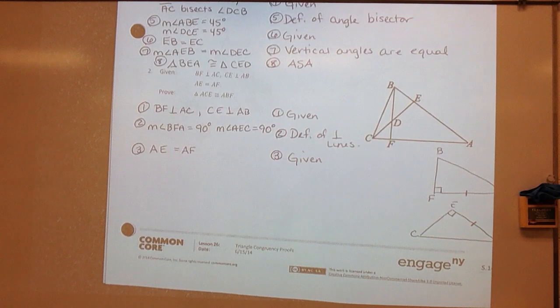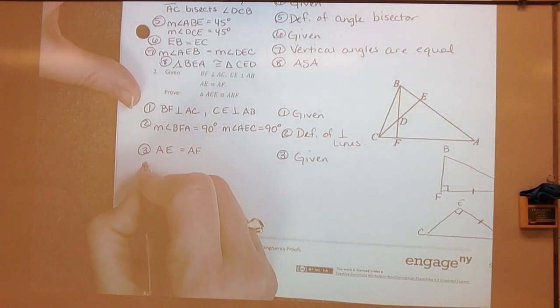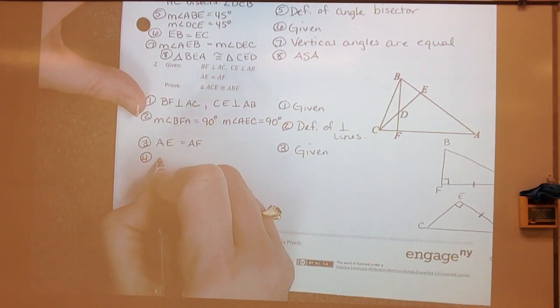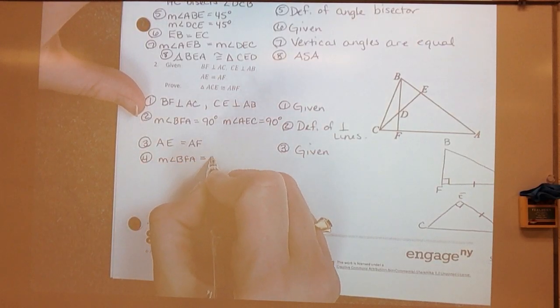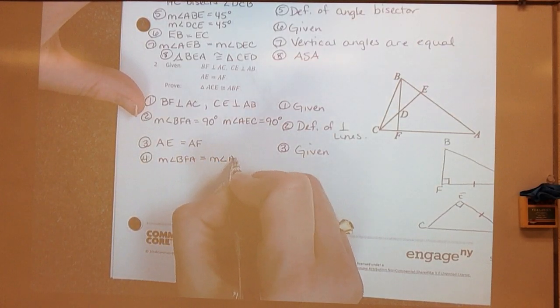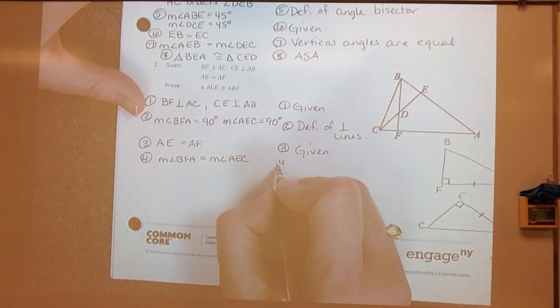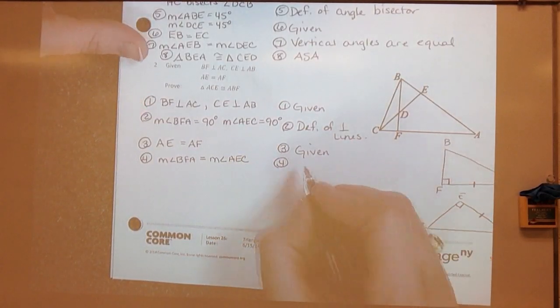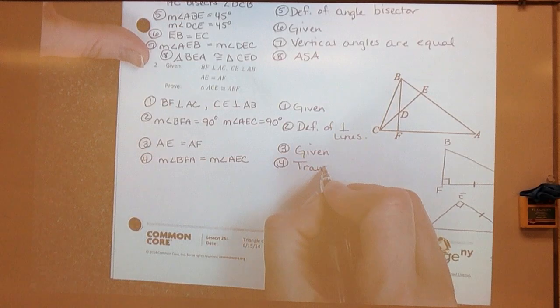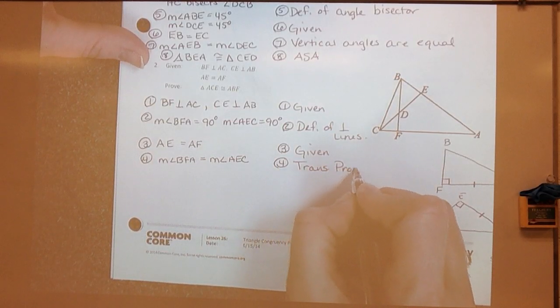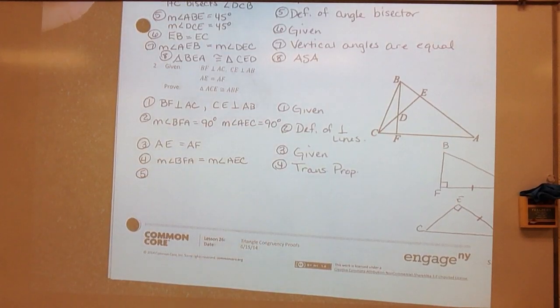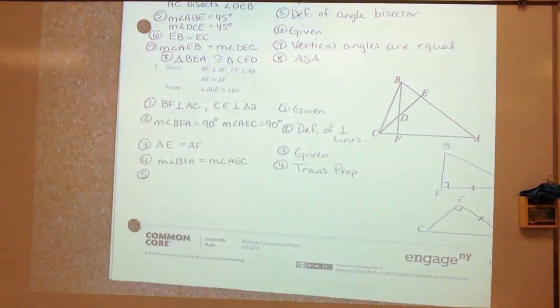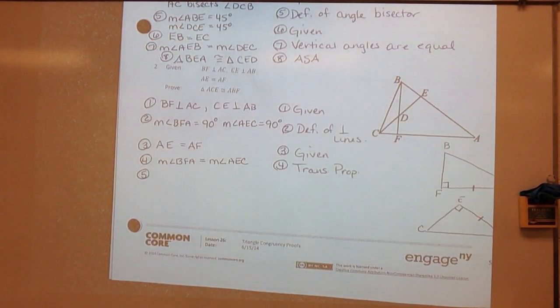Technically, I guess we need to probably go back and add a fourth step. That the measure of angle BFA is equal to the measure of angle AEC. And that is the transitive property, because we know that both of them are equal. So now we have an angle and we have a side. Guys, if you look at your two triangles, you notice they share something.